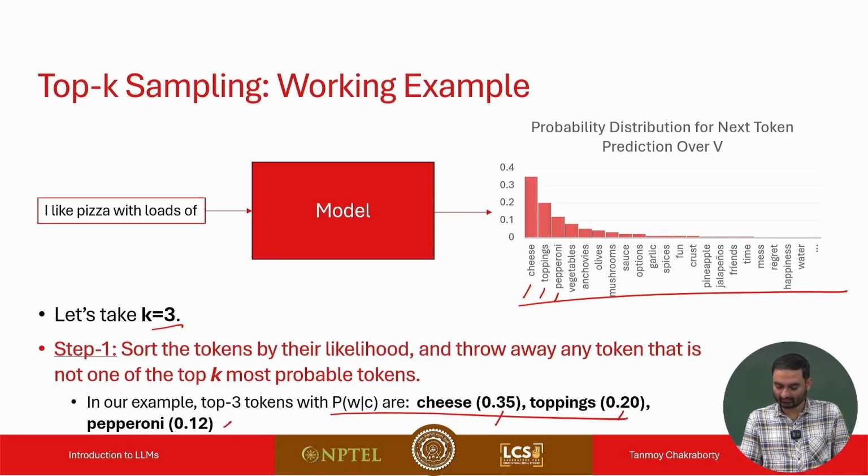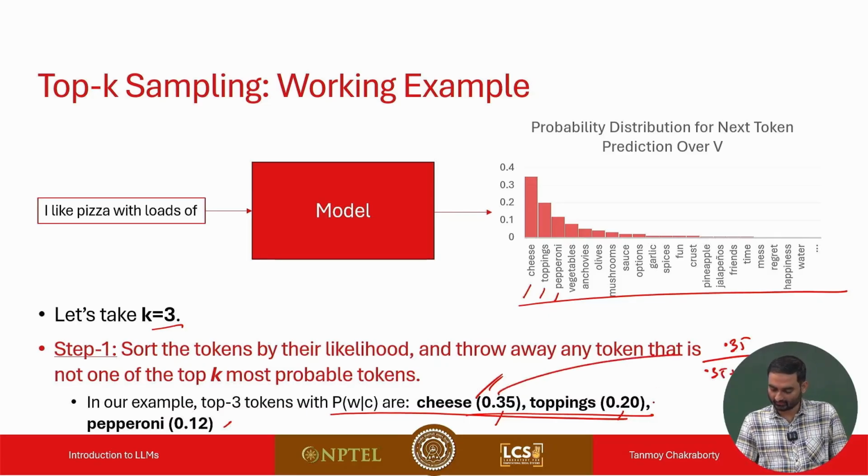These are your candidate probabilities. Now you renormalize this. So if you renormalize, then for cheese this is going to be 0.35 divided by 0.35 plus 0.2 plus 0.12.